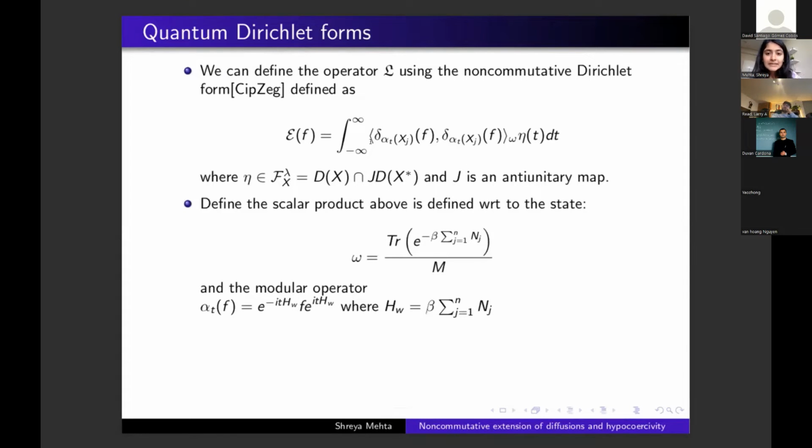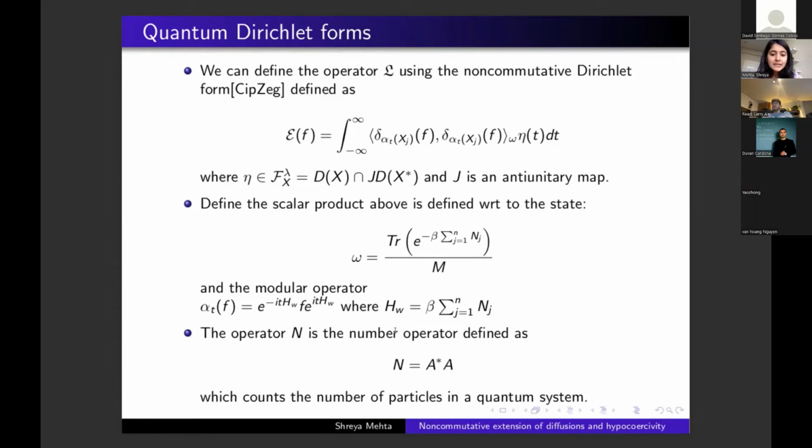And we can define this scalar product with respect to the state, which we take as the trace of e to the power minus beta times the sum of the number operators, divided by m, and the modular operator with respect to the Hamiltonian, which is beta times the sum of the number operators. So here n is defined as a star a, and we know that the number operator is an operator which counts the number of particles in a quantum system.